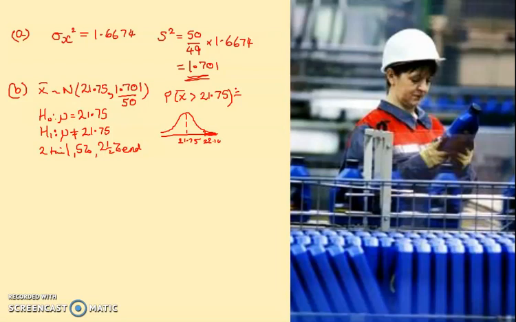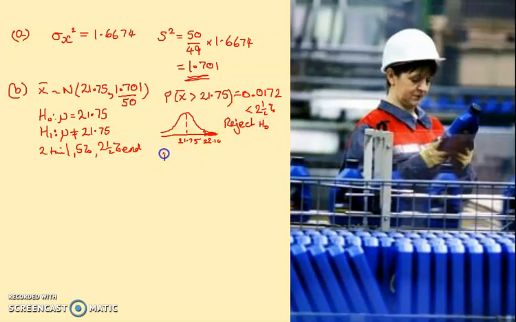What's the probability of that happening? I get 0.0172. Now bear that in mind. You could say this is less than 2.5%, and therefore, because it's lower, you would reject H0.